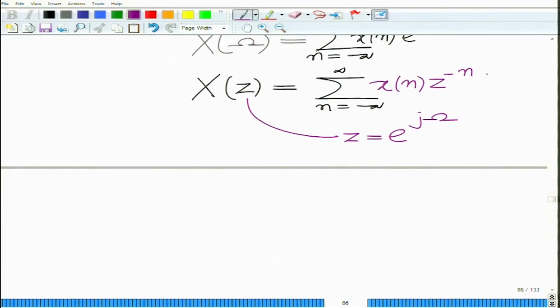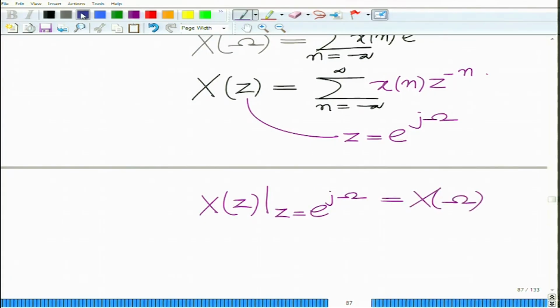Only then can I substitute z equal to e raised to j omega in the Z transform to derive the DTFT. Okay, so that is an interesting observation, but very important to realize that it exists only if e raised to j omega is in the ROC, that is, the region of convergence of the Z transform. So the Z transform evaluated at z equal to e raised to j omega gives the DTFT.